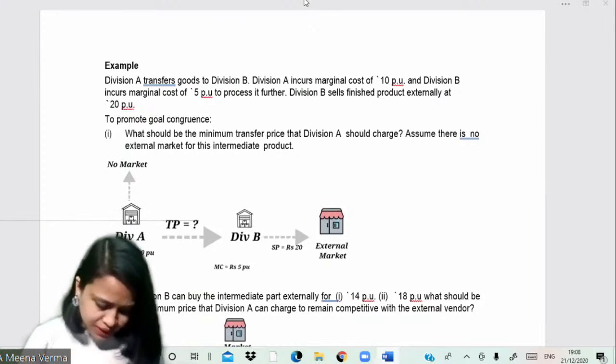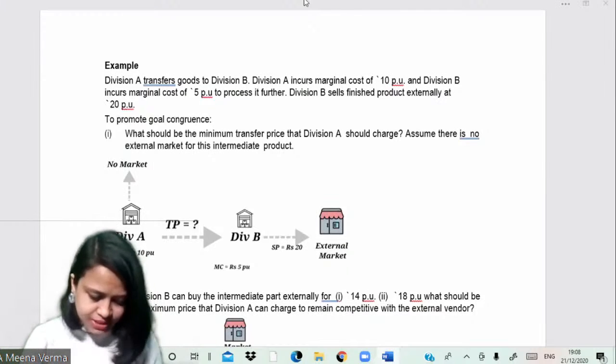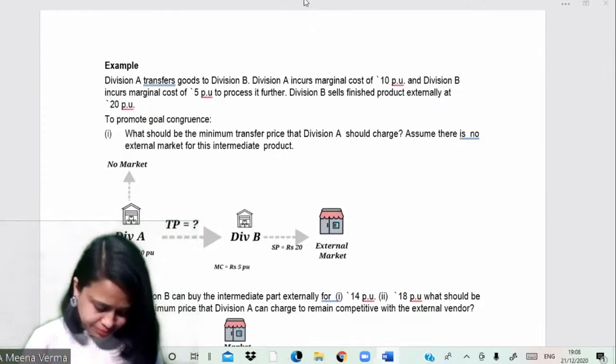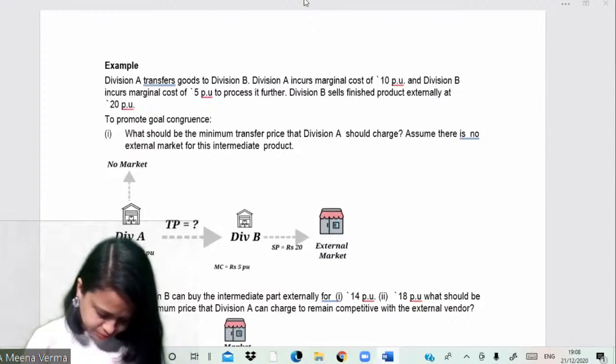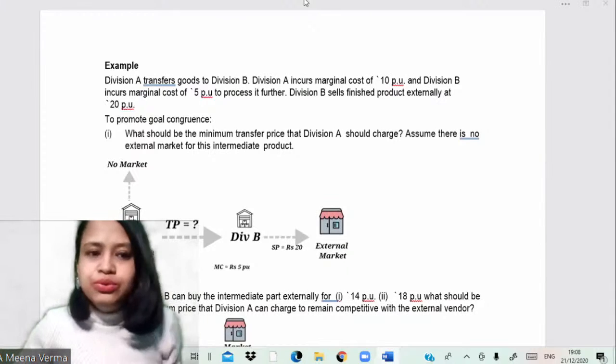Read this question quickly and tell me if you have done the reading, and we will understand the meaning of goal congruence with the help of this question. If you have done reading of this question, please let me know.